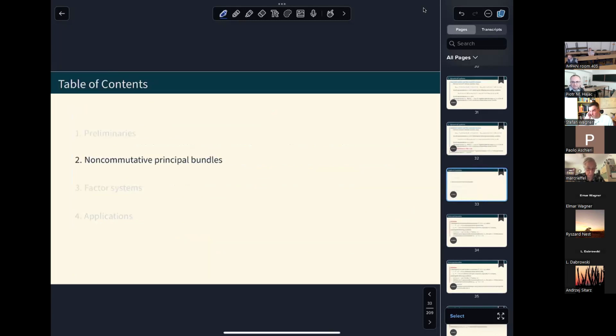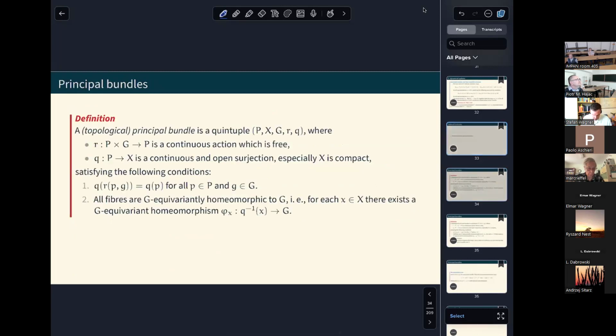And this brings me to my second point, the non-commutative principal bundles. All right. So let me start with the topological definition of a principal bundle. What is this?